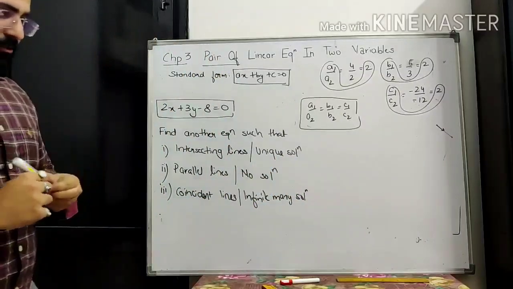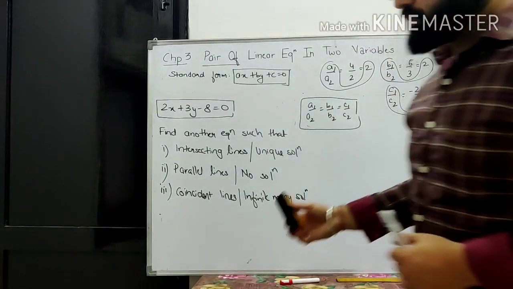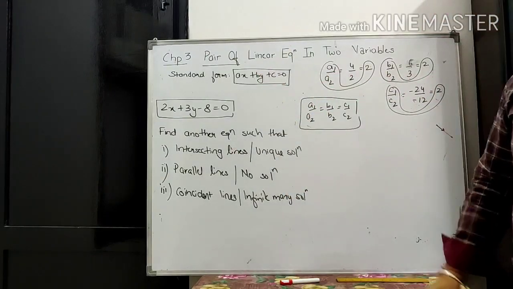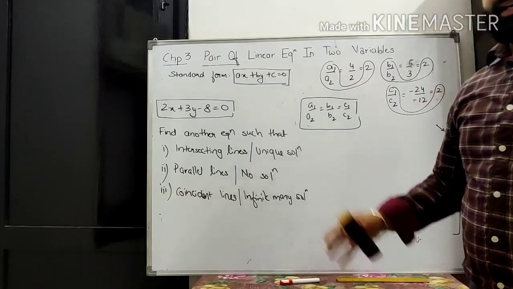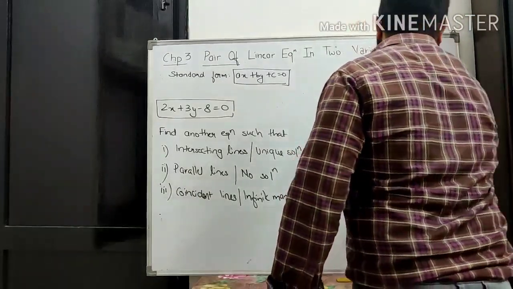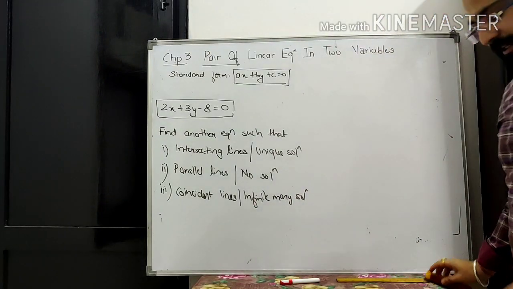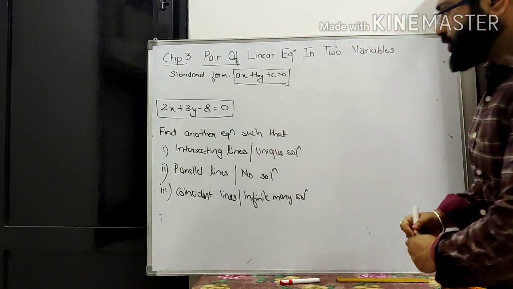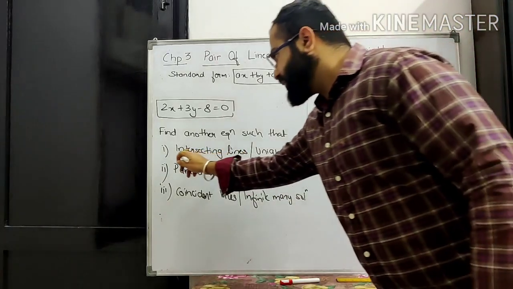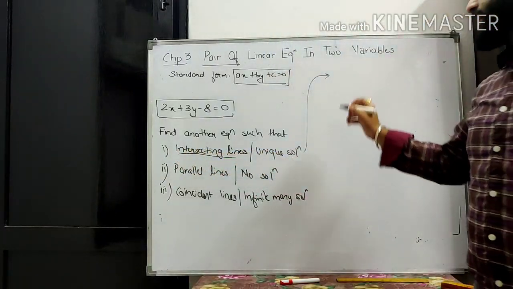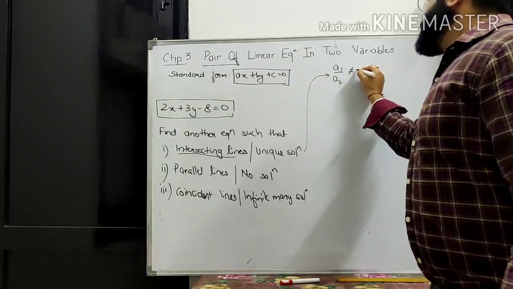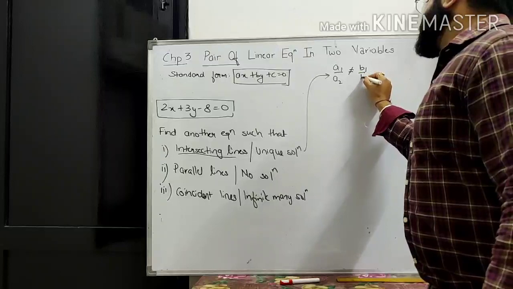Okay. So we need to find three equations corresponding to this equation such that we have intersecting lines, then we have parallel lines, and lastly we have coincident lines. So the very first case that we are to discuss right now is intersecting lines. So what is the condition for intersecting lines? We have that a1 over a2 should not be equal to b1 over b2.